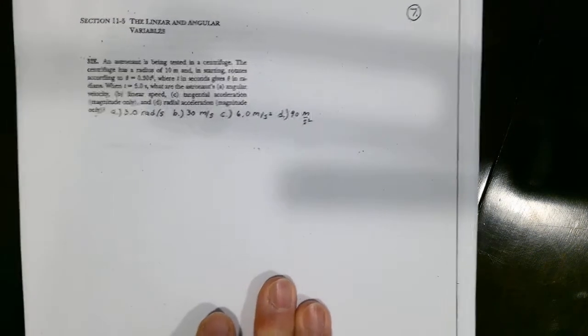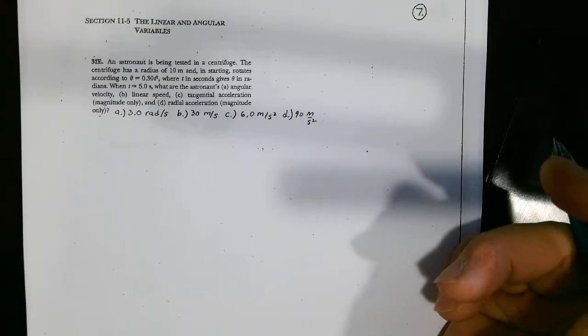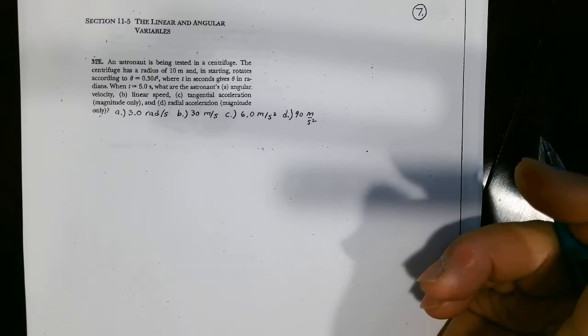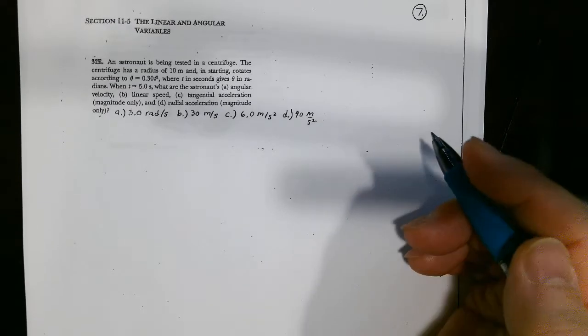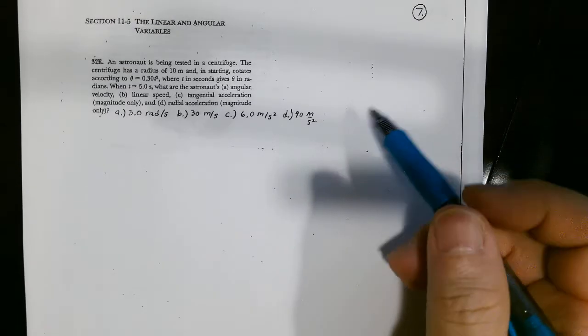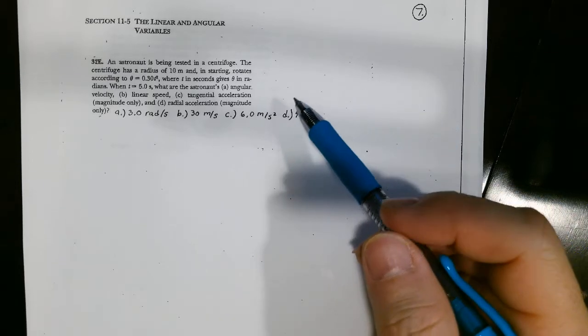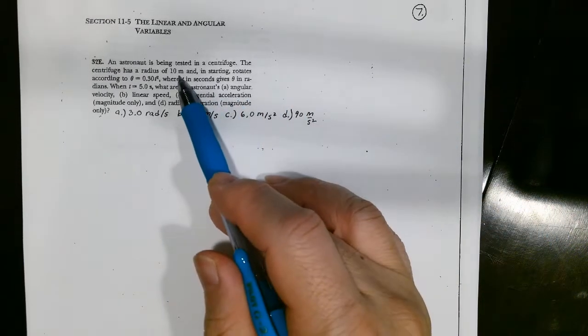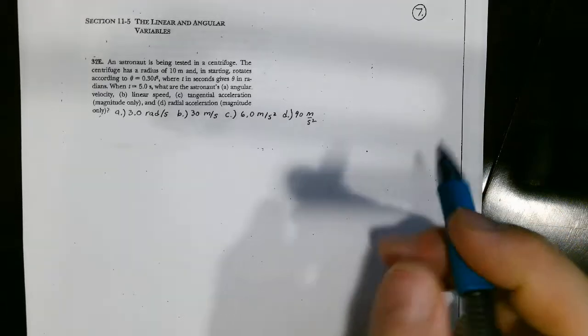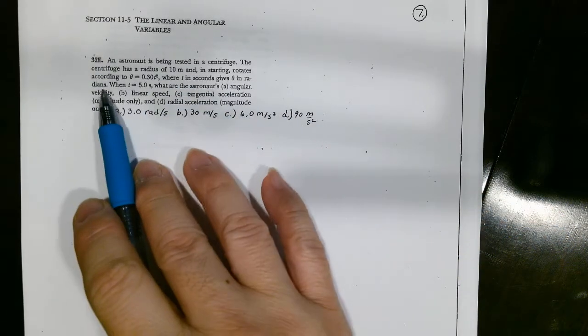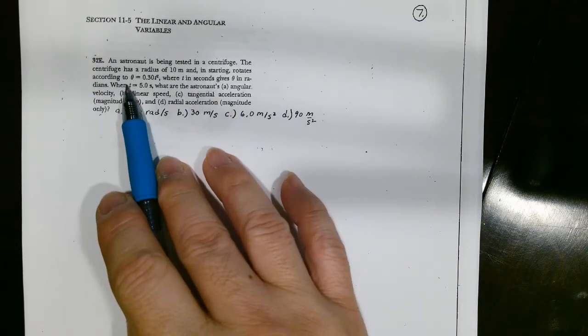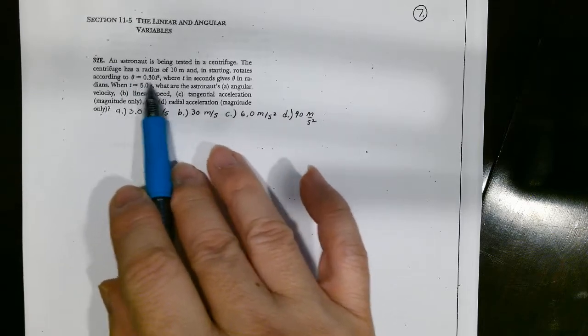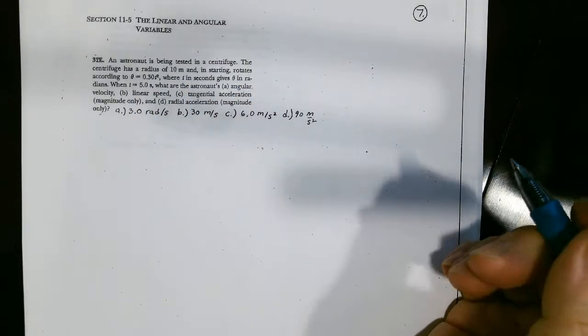Let's take a look at page 7. An astronaut is being tested in a centrifuge. The centrifuge has a radius of 10 meters and starts rotating according to this function of theta.